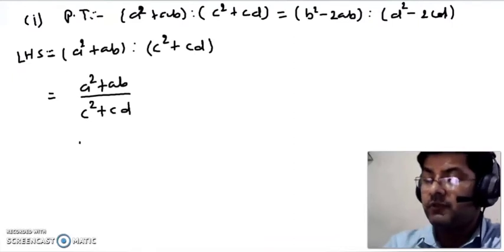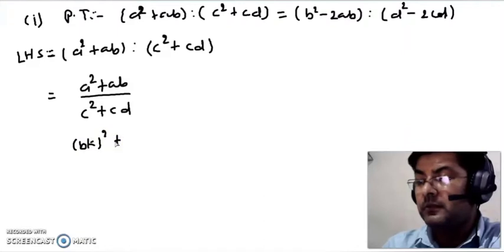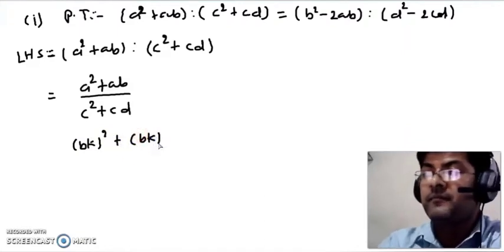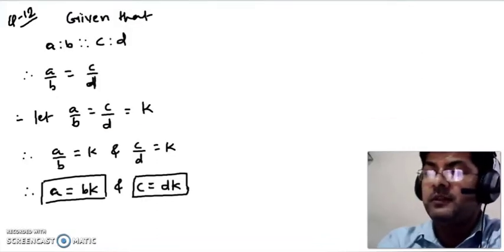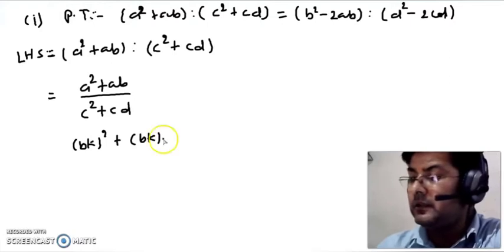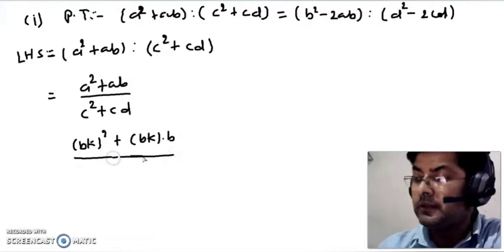So for a we will put bk the whole square plus bk into b, and for c we will put dk. Clear?